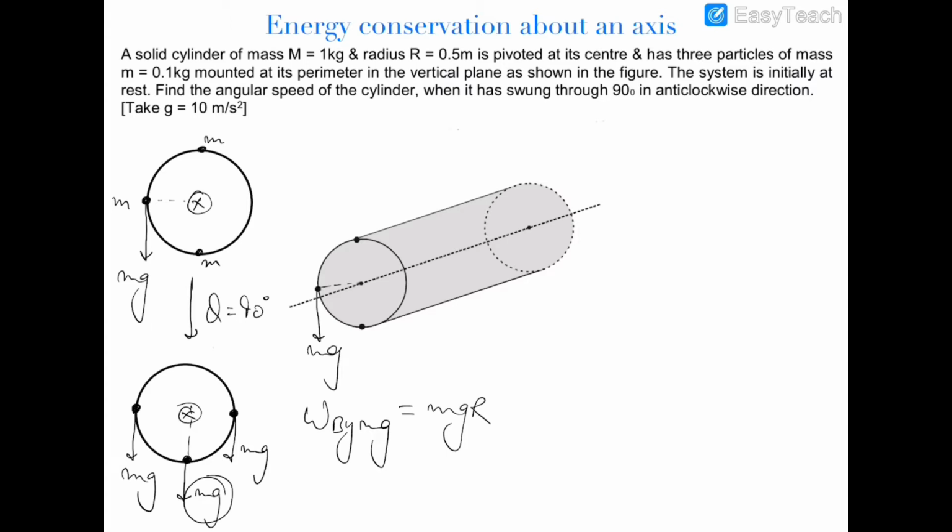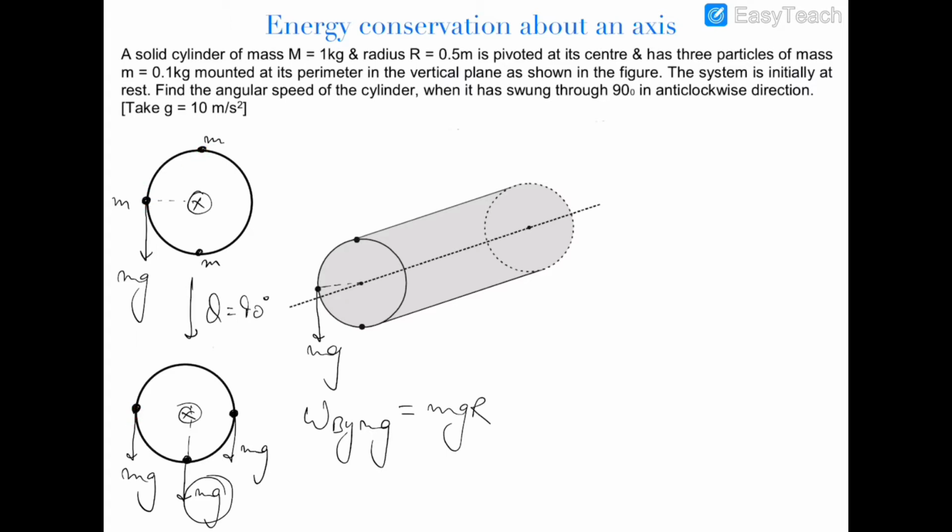I am repeating this step again, that you can see that in this final configuration this mass has come down by a distance of r at this position, and this has gone up by a distance of r at this position. So the net work done by mg on both of these two masses is 0, and the work done by mg on this mass is mg into r because this mass is finally situated at this position, this one.